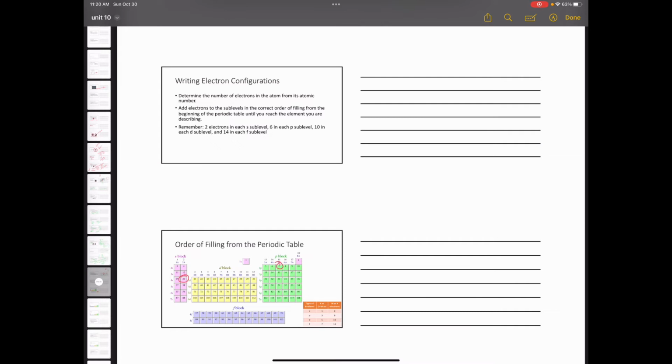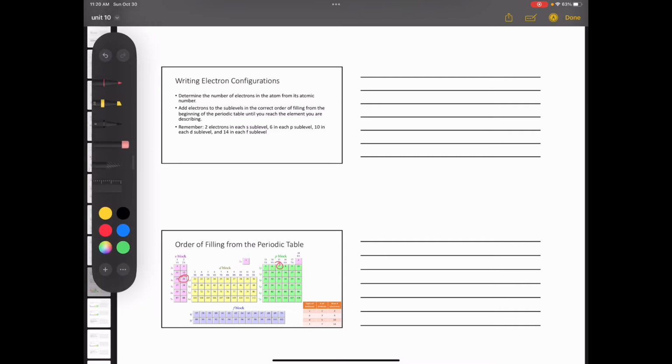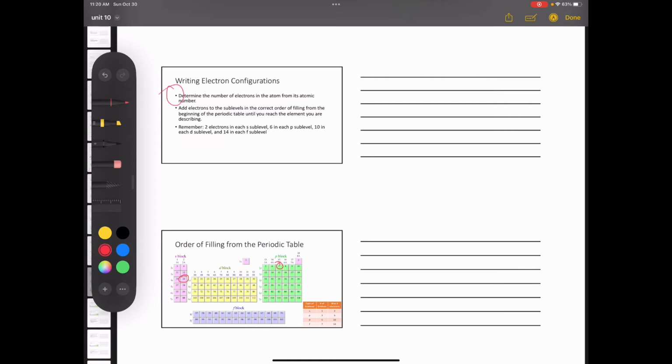So determine the number of electrons of the atom in the periodic table based on the atomic number. Okay, if you can't really do this one, I don't see how you will be able to write the correct electron configuration. So first, locate your element from the periodic table.